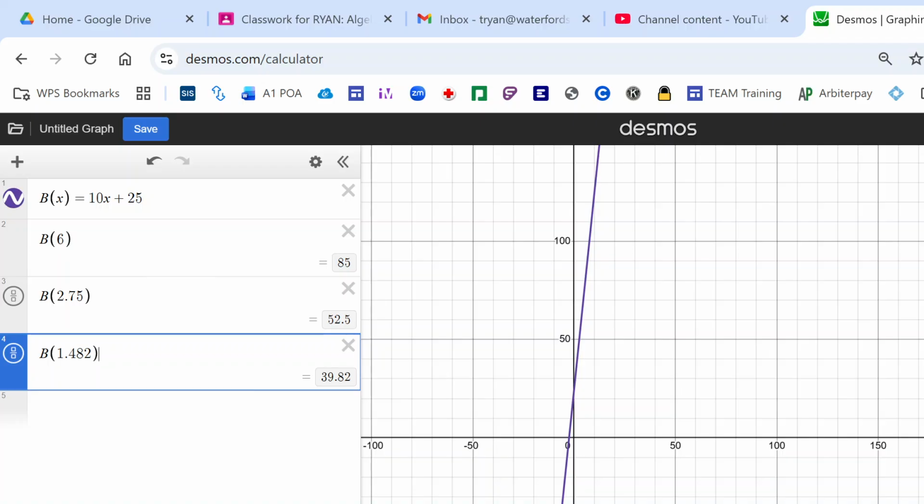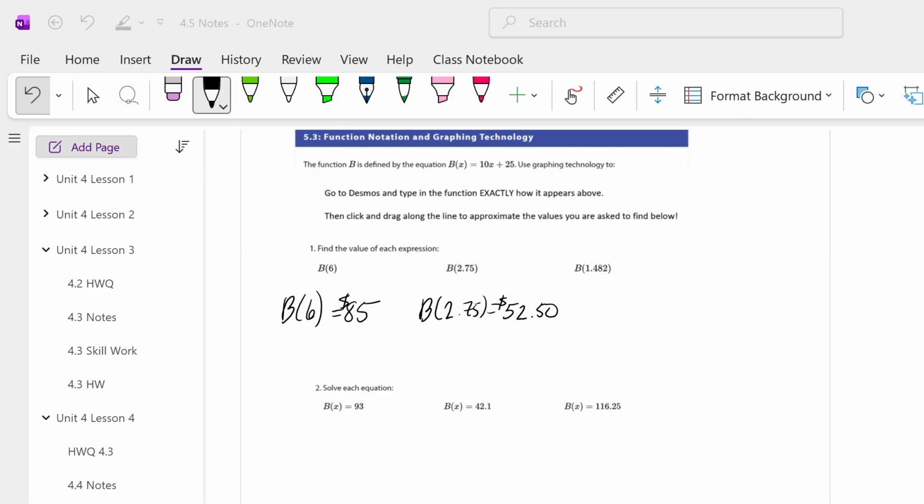There's your $39.82 bill. So B of 1.482 is 39.82. Can't forget it. Look at that.